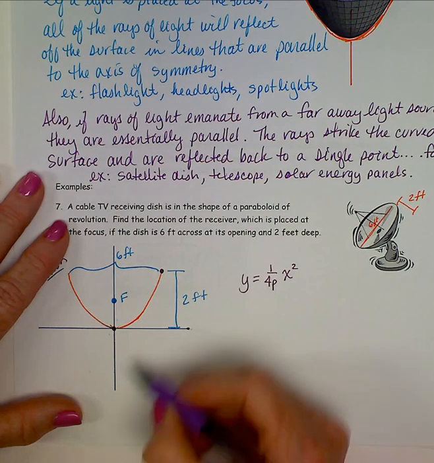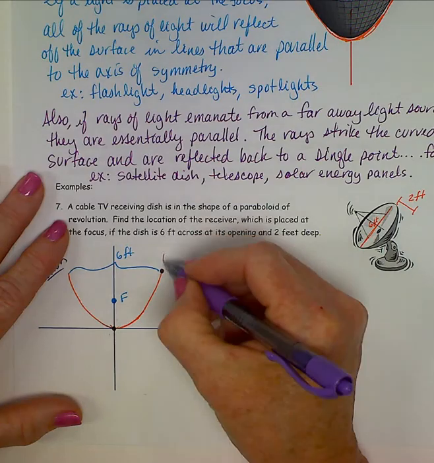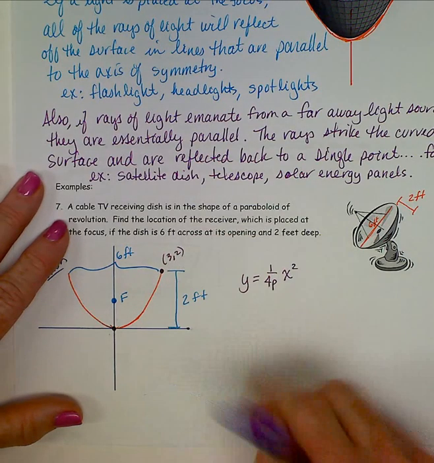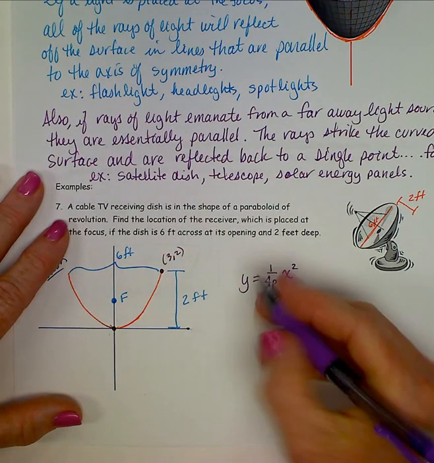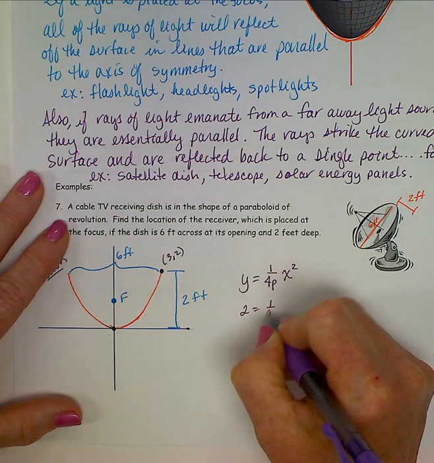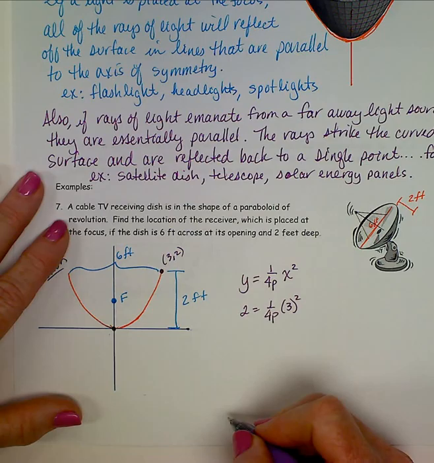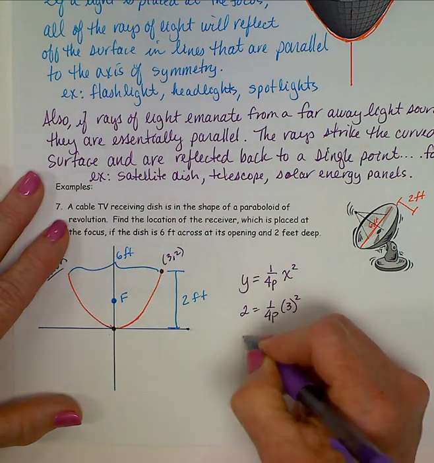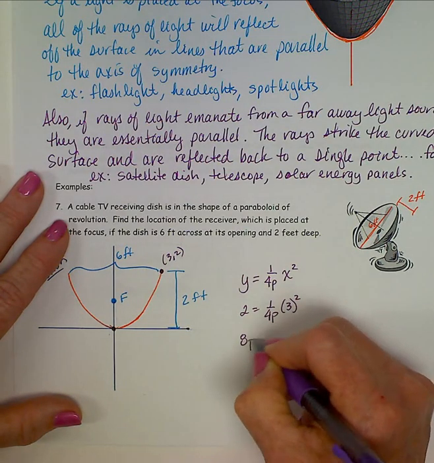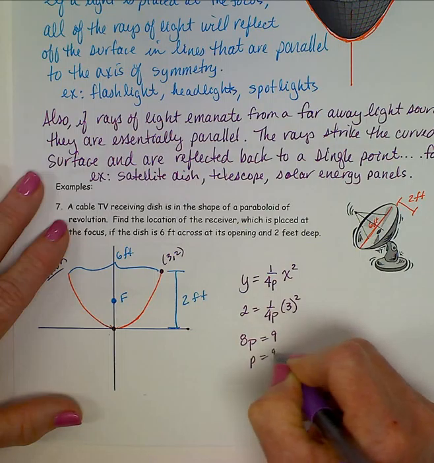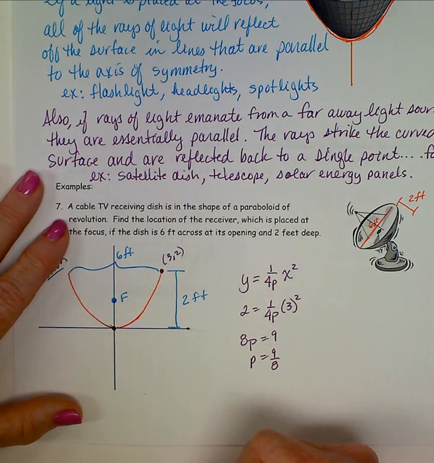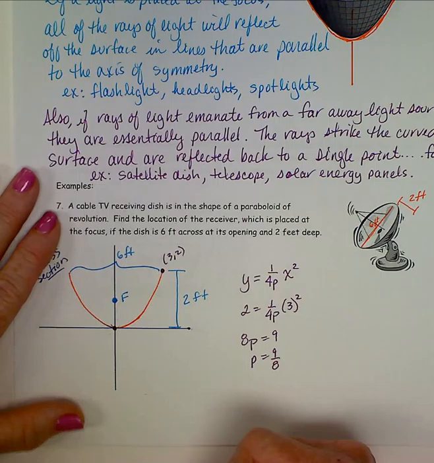Yeah, 3 this way, 2 up, so that point's 3, 2. Can we put that point in here? 2 equals 1 over 4p times 3 squared. Gosh, these numbers look familiar. Didn't we just do this a couple minutes ago? We did. So p is 9/8. That's what we're looking for.